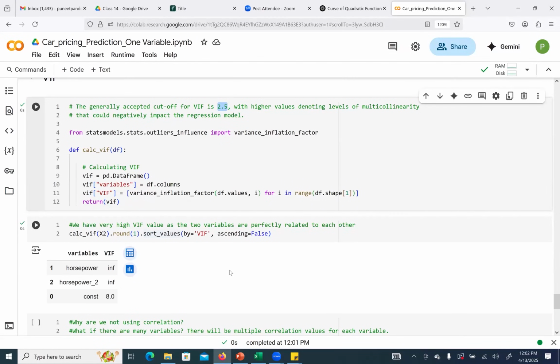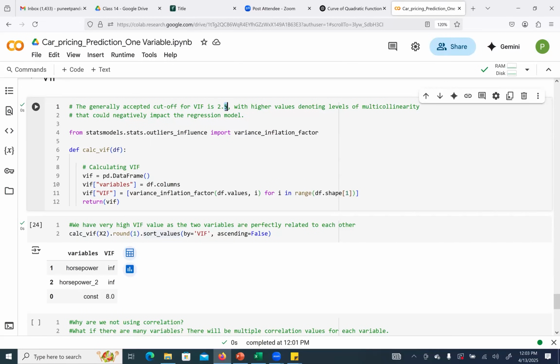No. Whenever you have, let's say, 100 variables, and you ran the VIF code, and out of those 100 variables, 10 variables have a value more than 2.5, you don't drop all the 10 variables at once. You drop the variable which has the highest VIF, and then you rerun the VIF. Okay, understood. So we drop the variables one by one.